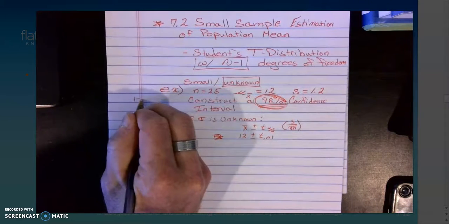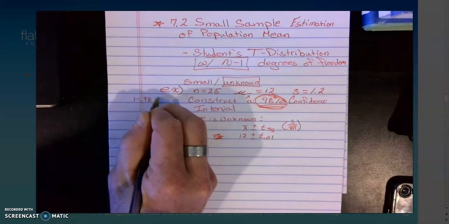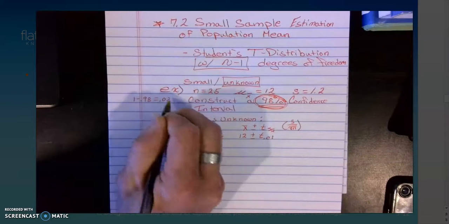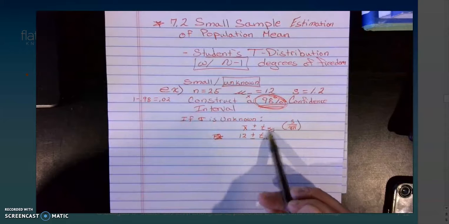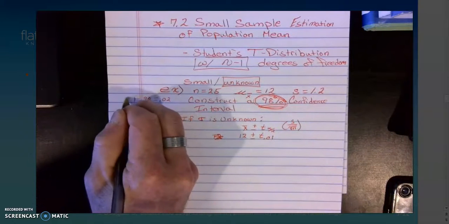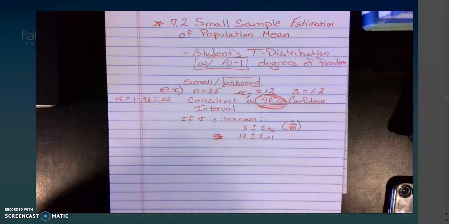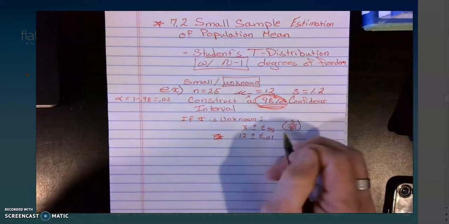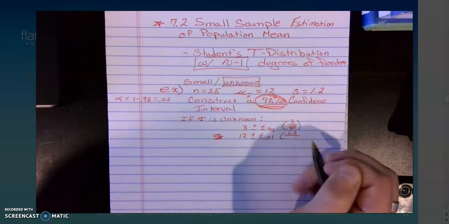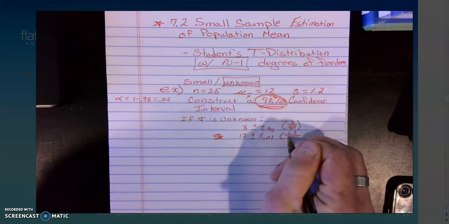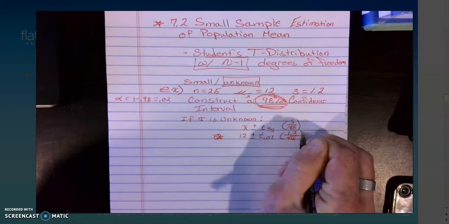We get that from 1 minus 0.98, which equals 0.02. 0.02 divided by 2 gives us 0.01, and we divide by 2 because it's half. What we calculated here was alpha. Then over here we can simplify this by doing 1.2 divided by the square root of n, which is the square root of 25, which is 5.